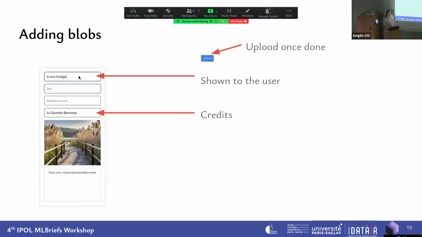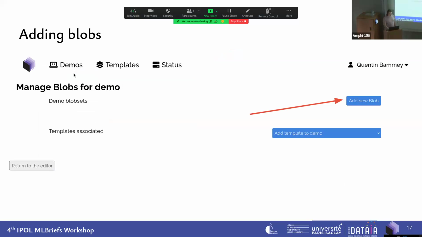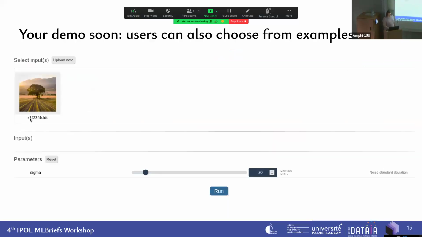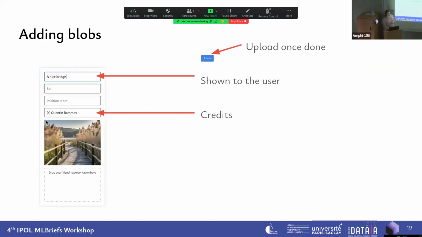Here you will have 4 fields. The first field is to fill the title. Here the title is R1, etc. So pick something that the user can read, not like what I showed just a few seconds ago. Set and position set, you do not need right now.